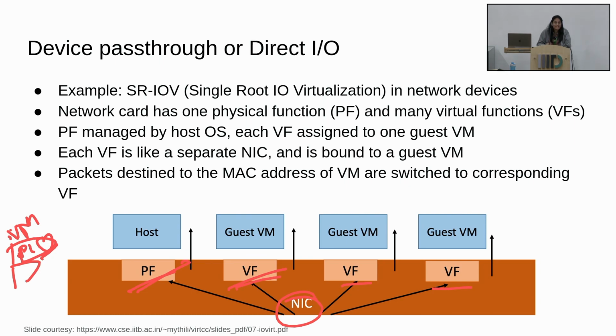So whenever a packet comes at the NIC for a virtual function, it directly got transferred or given to the guest operating system without the host operating system being involved, right? So there are no copies, nothing involved from the host side. It directly got the packets directly into the guest VM, right?